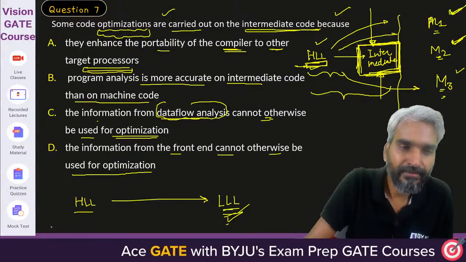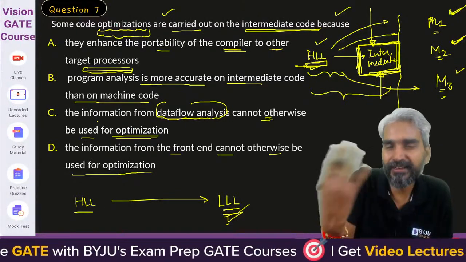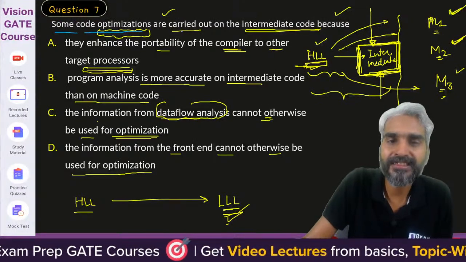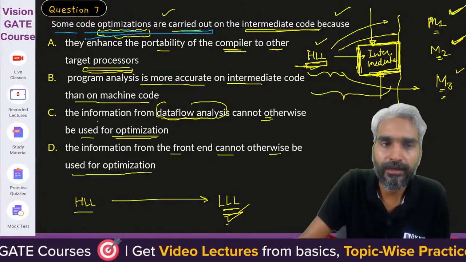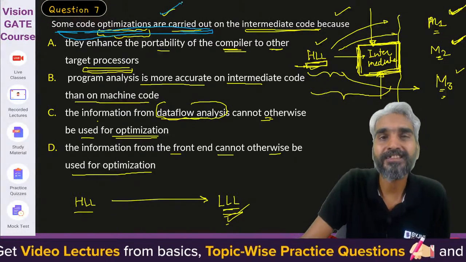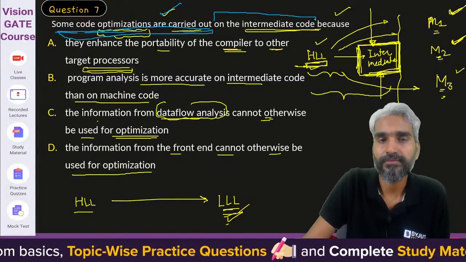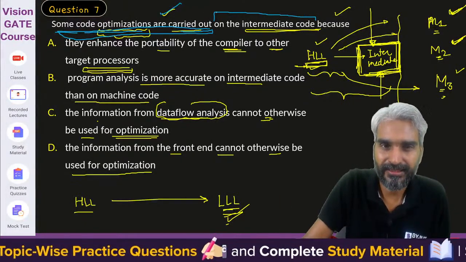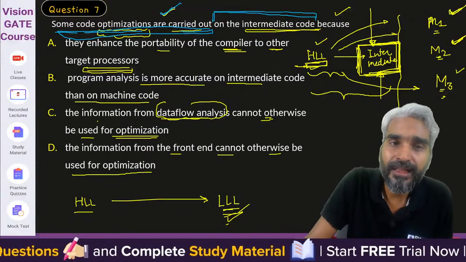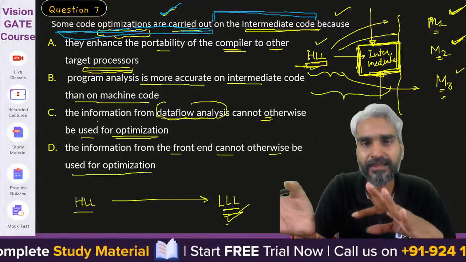None of them looks correct at this point of time, but we need to reread the question to make it interpretable. Some code optimizations are carried out, some, not all. It is saying some code optimizations are carried out on the intermediate code. That's the language. I guess I did not understand the language correctly the first time. So there are two different types of optimizations: machine dependent and machine independent.